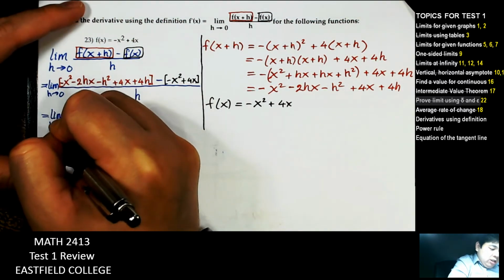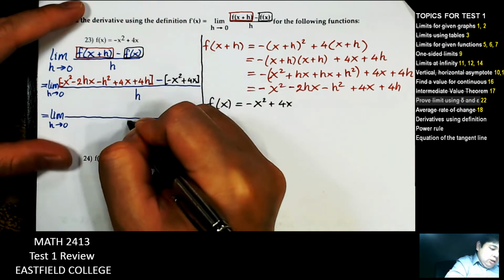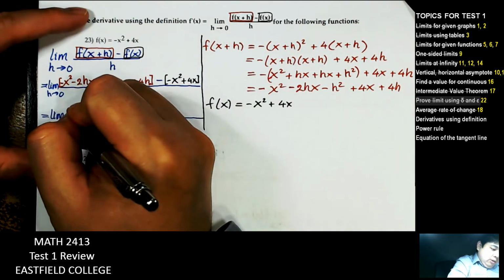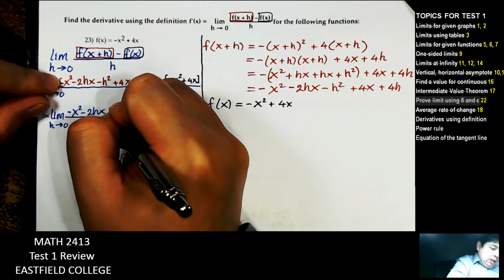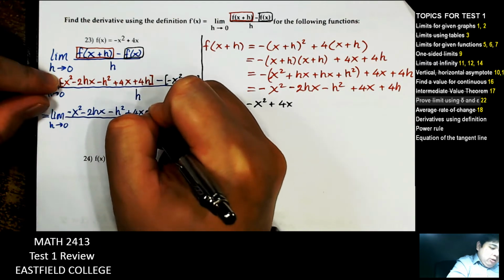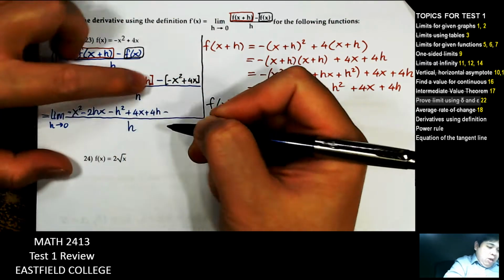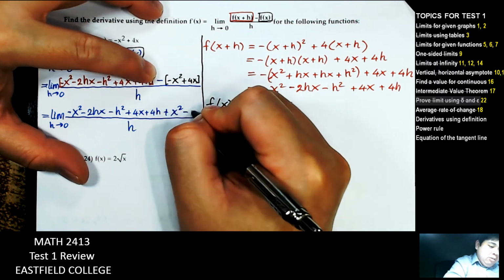Remove the parentheses and simplify. So negative x squared, negative 2hx, negative h squared plus 4x plus 4h, minus the negative is a plus, minus plus, minus.